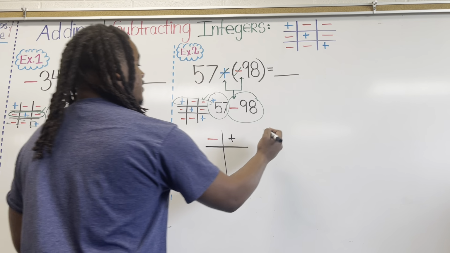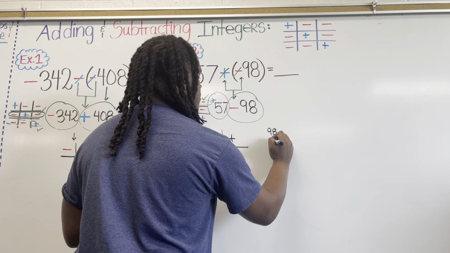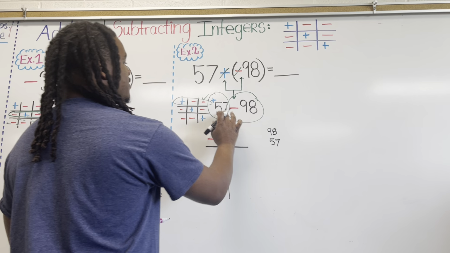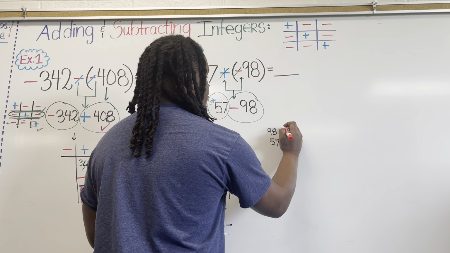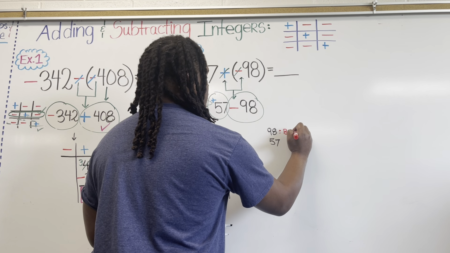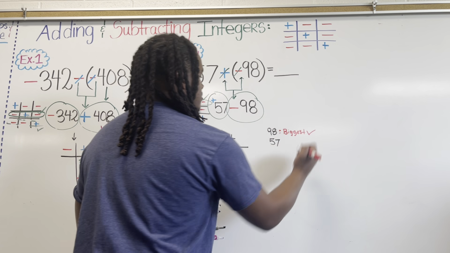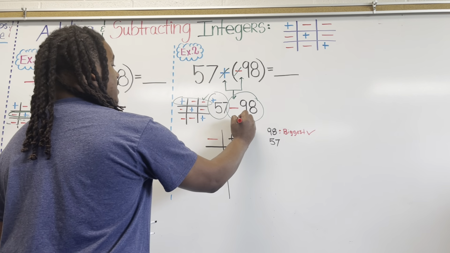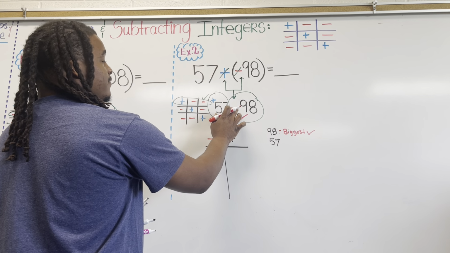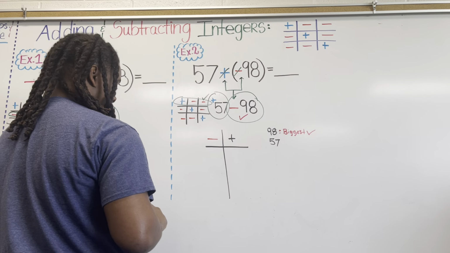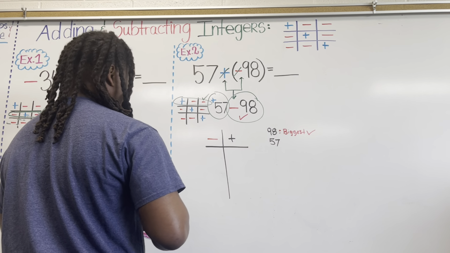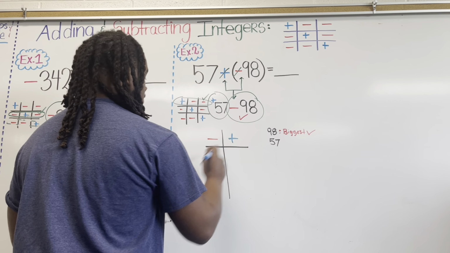Once again, if we were to drop the signs, and none of these integers have signs in front of them, the biggest value would be 98. So 98 wins. But as you notice, guys, 98 has a negative sign associated with it, so we have to work on the negative side of this particular chart.